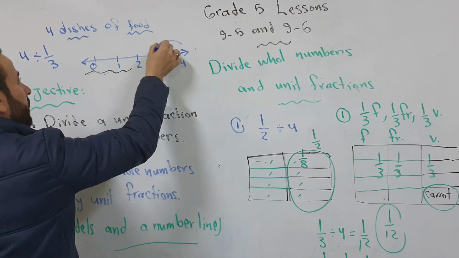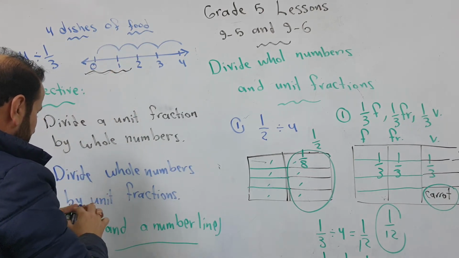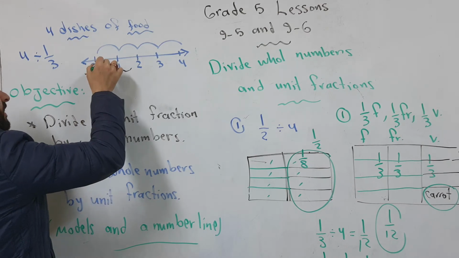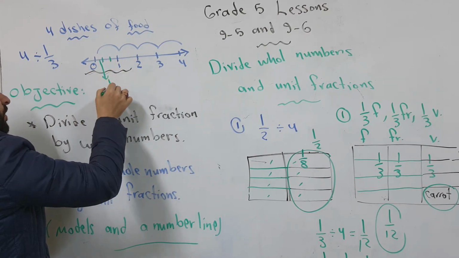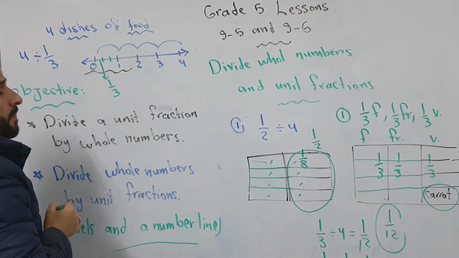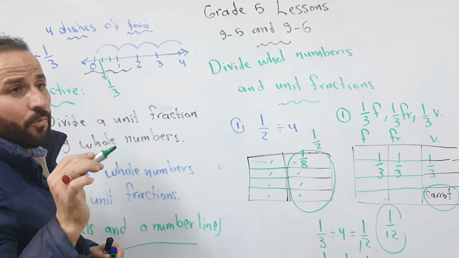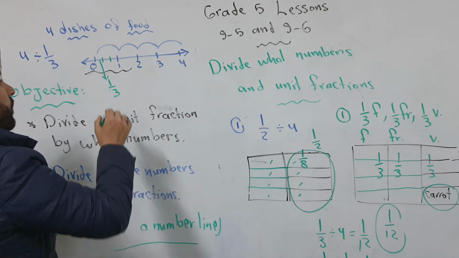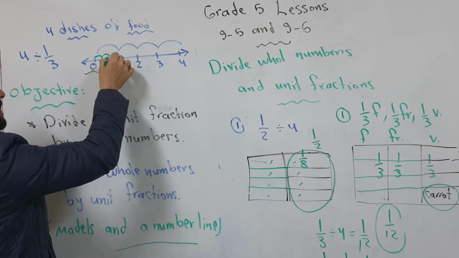Each dish is divided into 3 parts, and each part represents 1 over 3. So how many thirds?